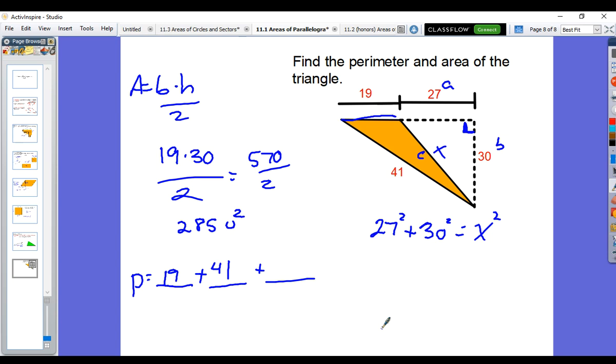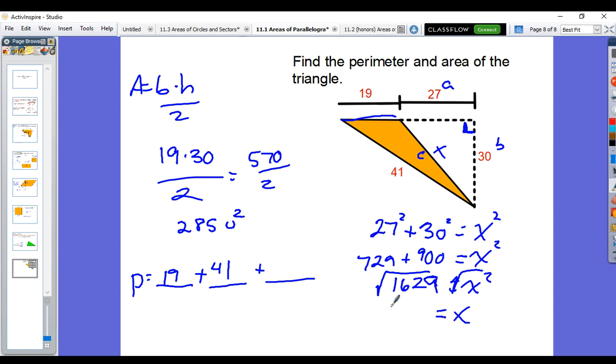We take 27 squared, we get 729. Take 30 squared, we get 900. That equals our X squared. We add those up and get 1,629 equals X squared. To get rid of our X squared, we square root both sides.